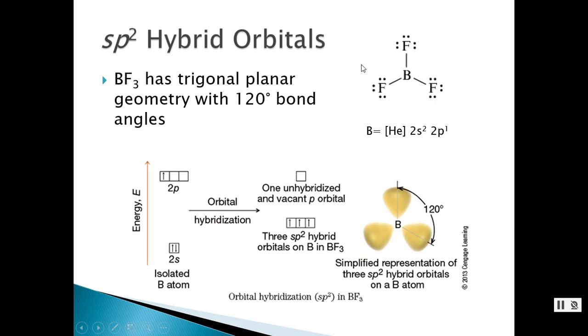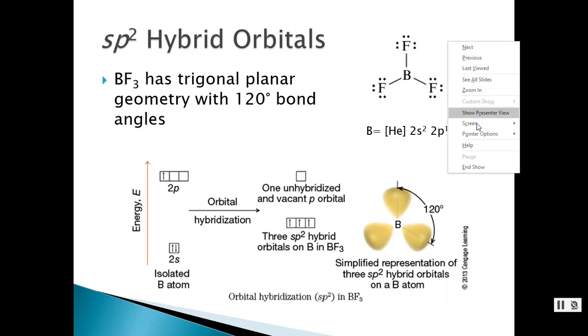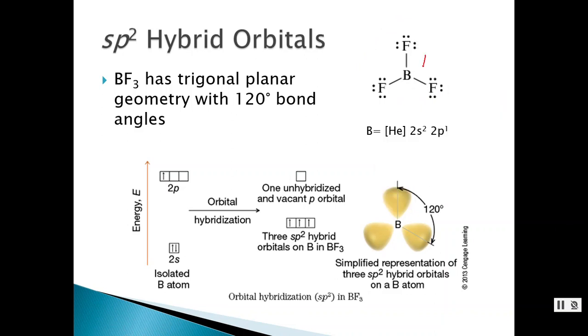If I was to give you the Lewis dot structure for BF3, based off of what we've talked about so far with regards to VSEPR theory and our electron configurations, we would look at that Lewis structure and say, oh, yep, that is an AX3 VSEPR notation, which just has a trigonal planar geometry with 120 degree bond angles.